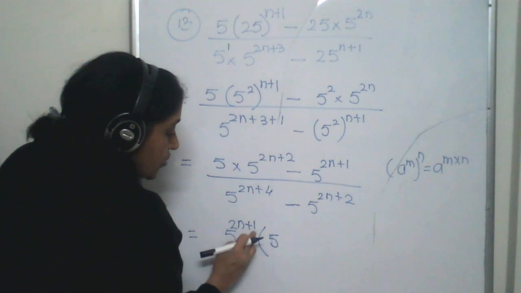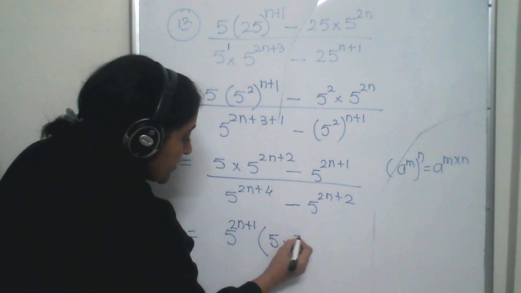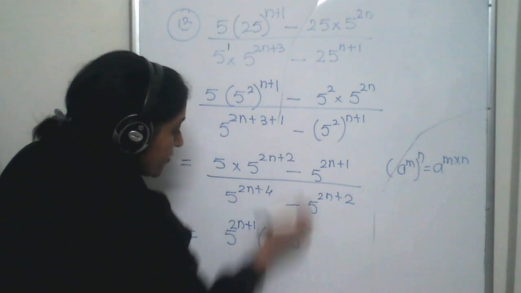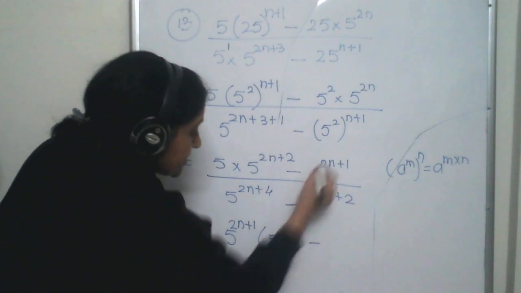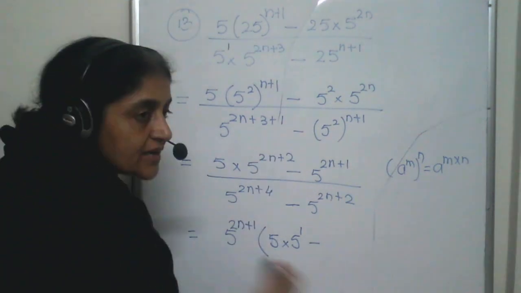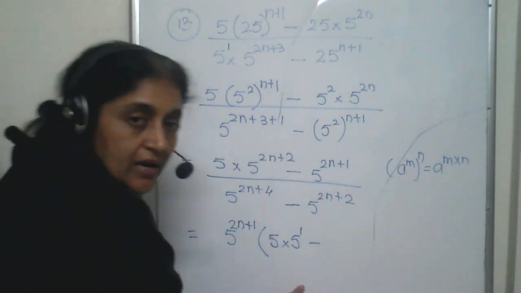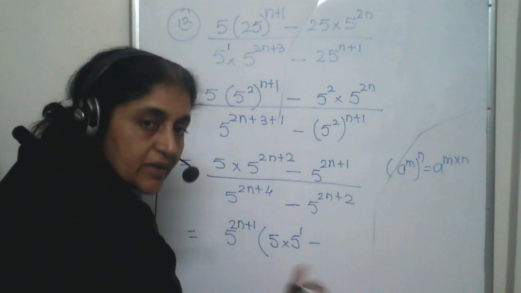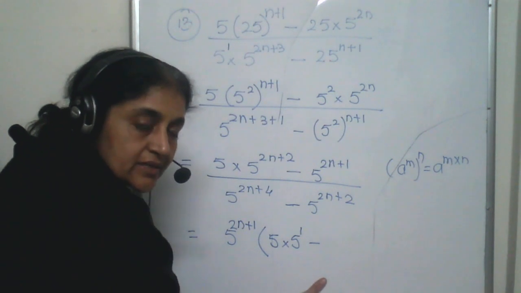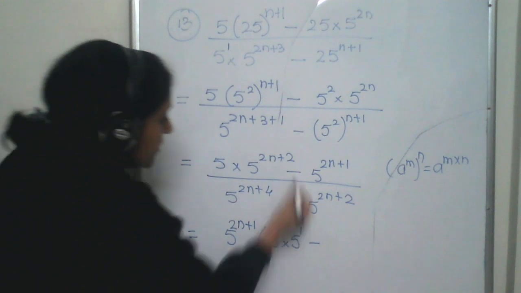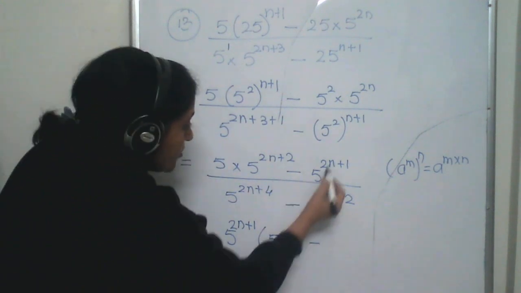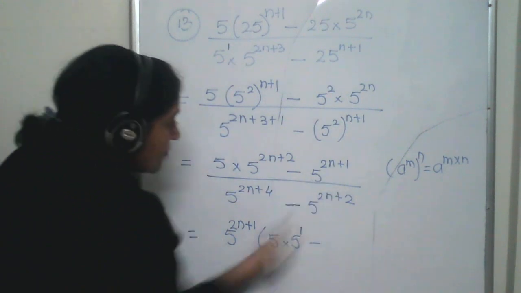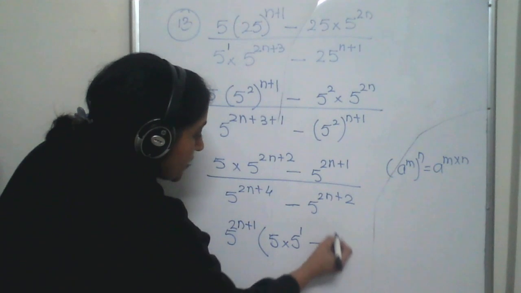Here it is 2, only 1 I have written. So it is 5 to the power 1 from here, minus. In algebra, if x square is given inside, then if you take x common, you write x to the power 1 inside the bracket like that. Here 5 to the power 2n plus 1 has already come out, so what will remain in that place is 1.